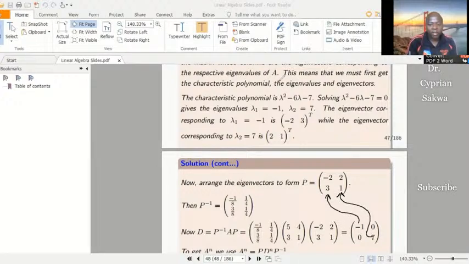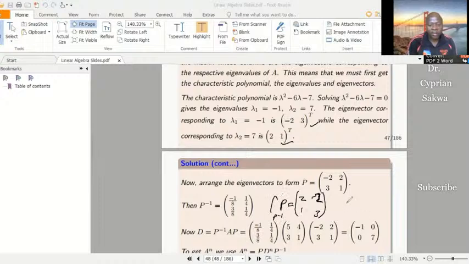What that therefore means is that if I would have begun with this to form P, followed by that, I would have proceeded to get its corresponding P inverse.